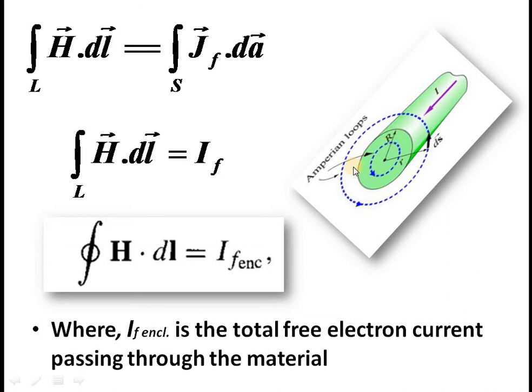So the total current passing through this is taken as IF, because bound current is accounted for here. You should not think that your bound current has gone or been forgotten. No, it is included inside the vector H. If you see the previous steps, you will understand that your curl M is included here. That is the reason. So I hope the idea is clear now.